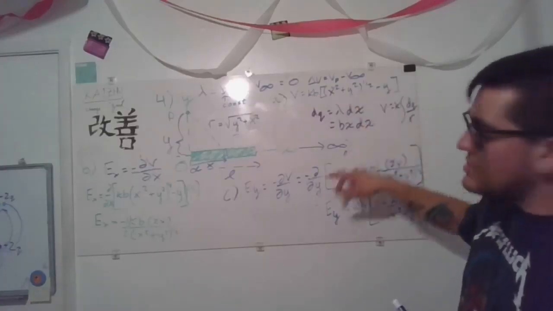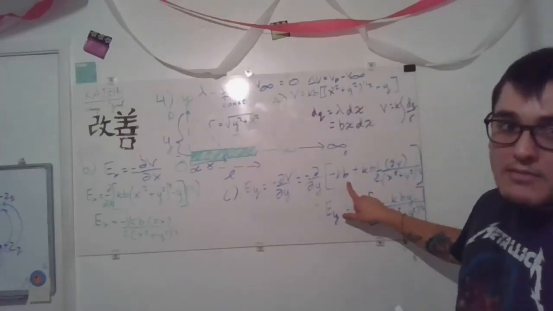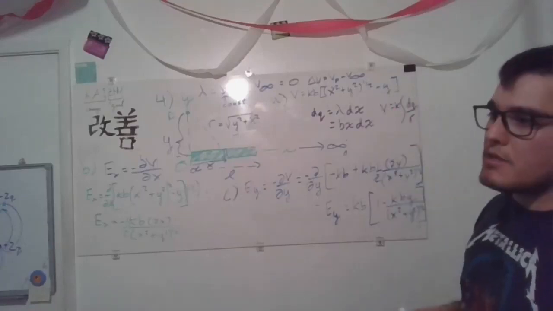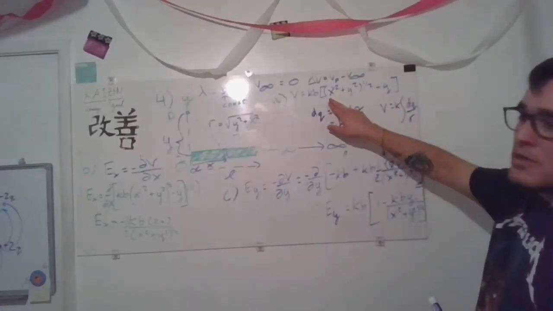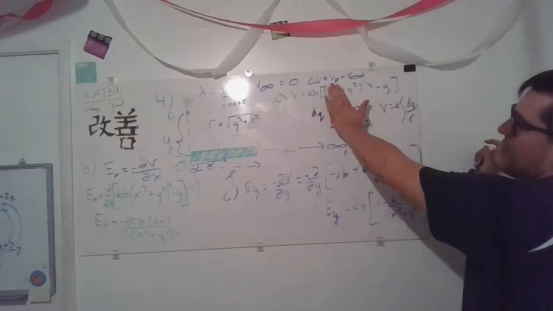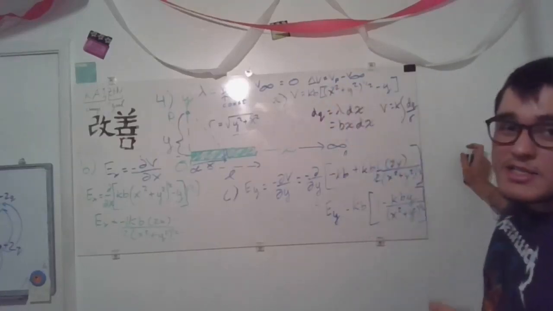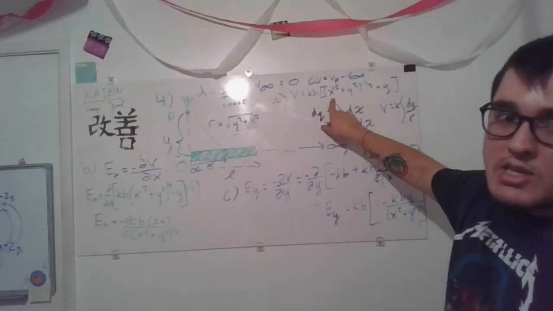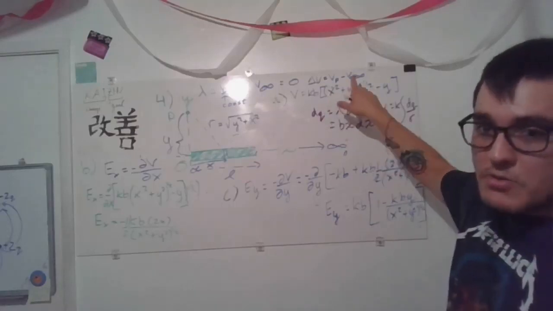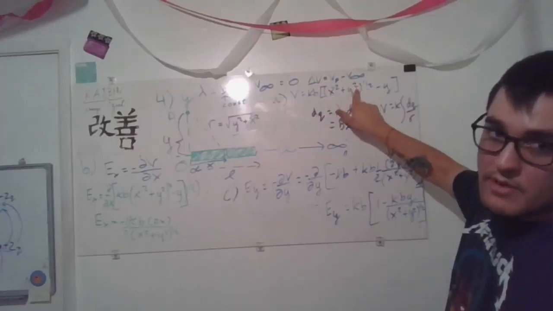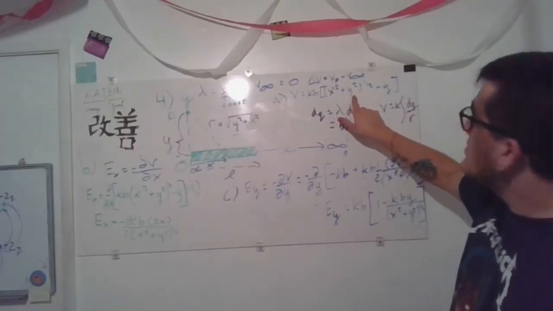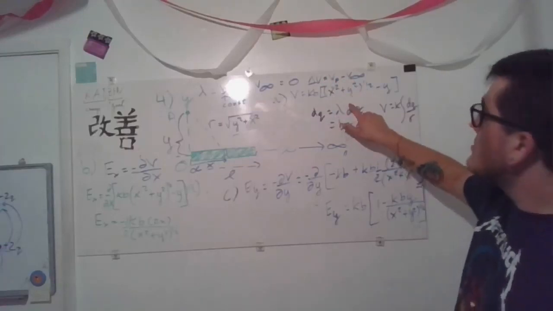So for here, I'm gonna take this derivative with respect to y. Kb times negative y will just be negative kb, because y is a variable that I'm going to take a derivative of. With this one, all you do is hold the x squared. It's like a constant. This is like saying 2 squared plus y squared. So you can just hold it and take the derivative of the inside and use chain rule there.